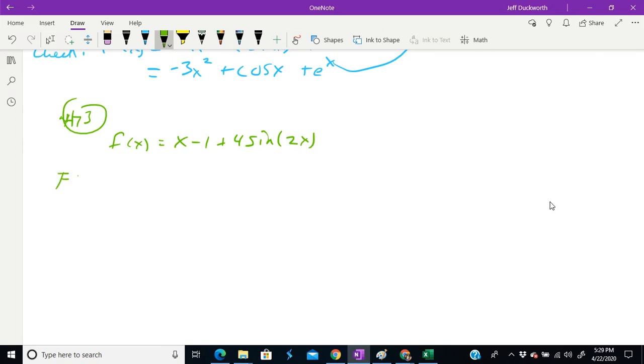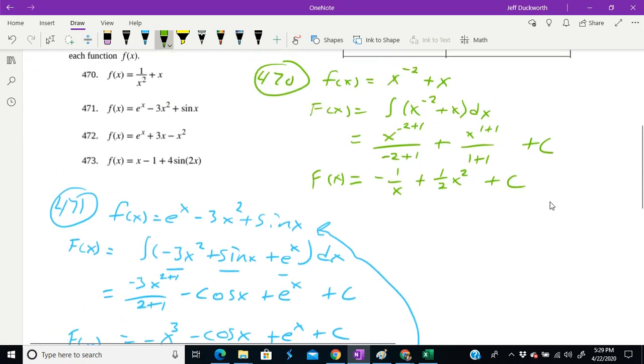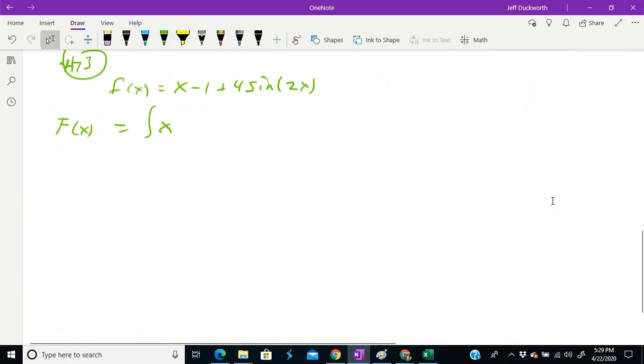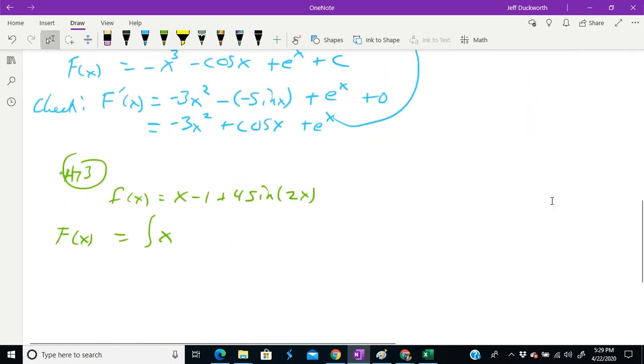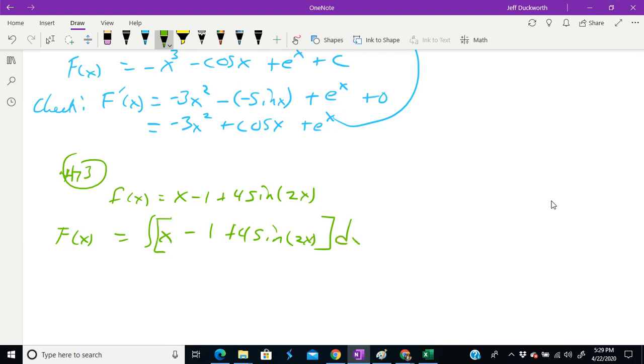So we're looking for the integral of the whole thing. Is that what it is? Yep. Okay. We still have three separate ones, if you want to set it up like that.